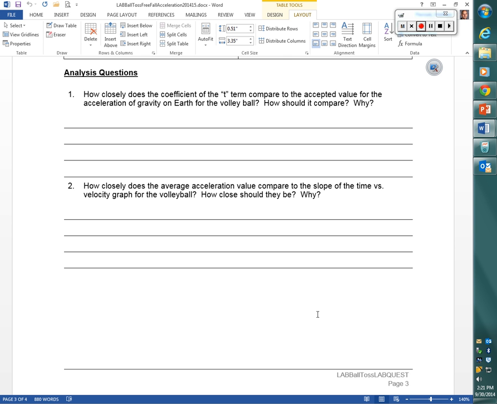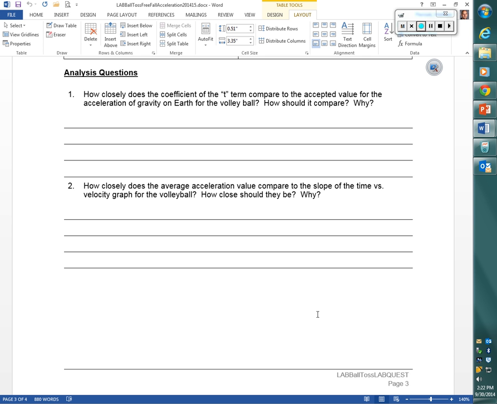Pretty close, right? We said that that value, 9.81 meters per second squared, is the acceleration caused by gravity, and gravity only. Was the volleyball under the influence of gravity and gravity only? No. We also have to deal with air resistance. Although for the volleyball, given its shape and how heavy it is, air resistance isn't a big factor. So how closely does the coefficient, which is the slope of the velocity graph, compare?